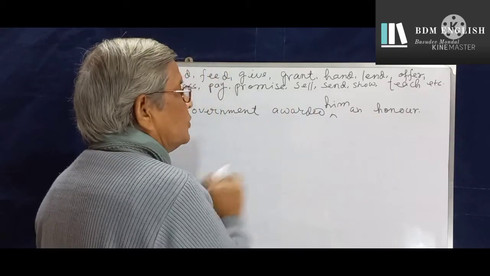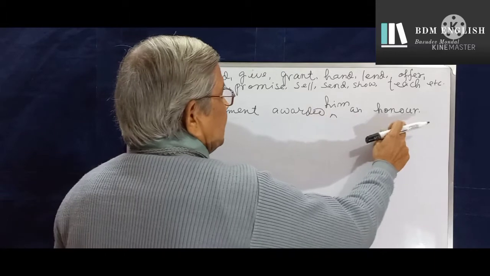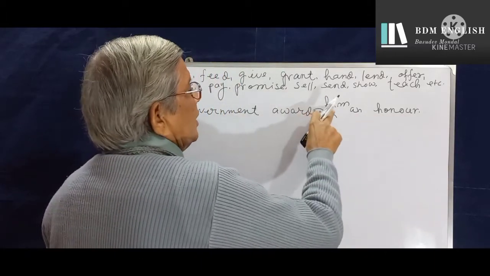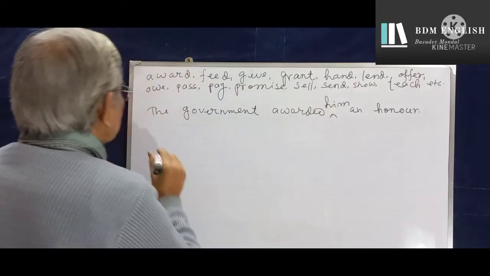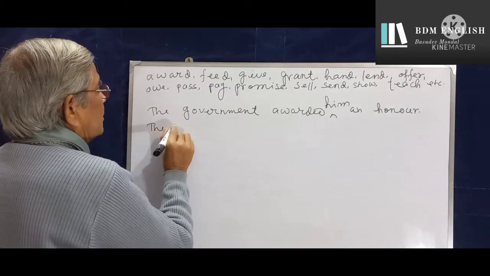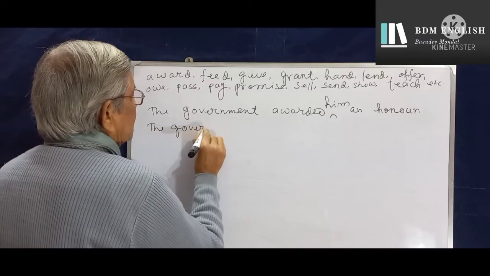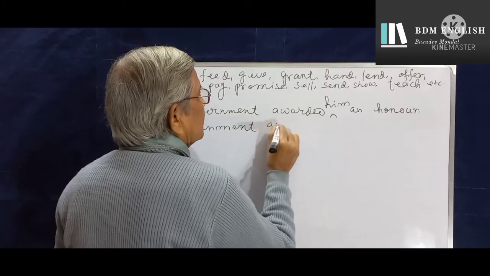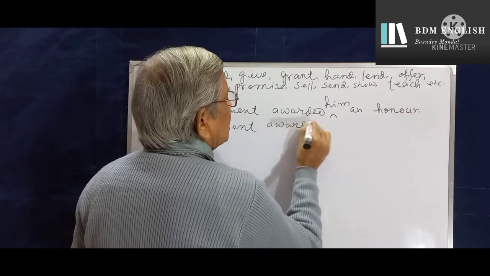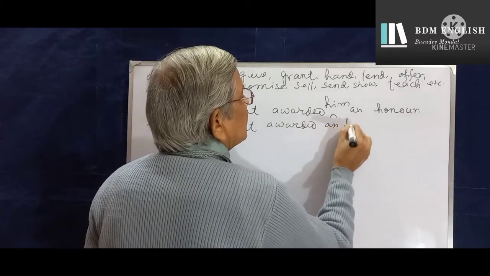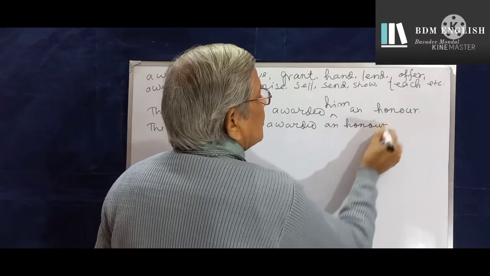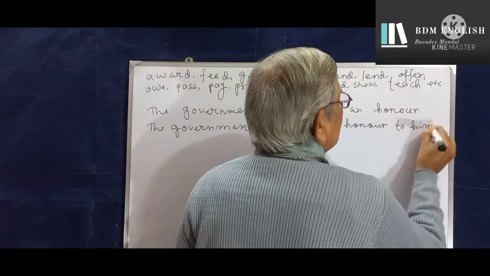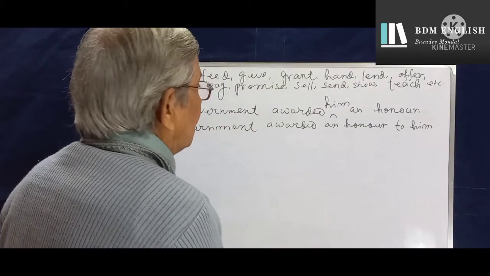But we can reverse the positions of the two objects if we like to, but then we have to use a preposition before the indirect object. The government awarded an honor to him.